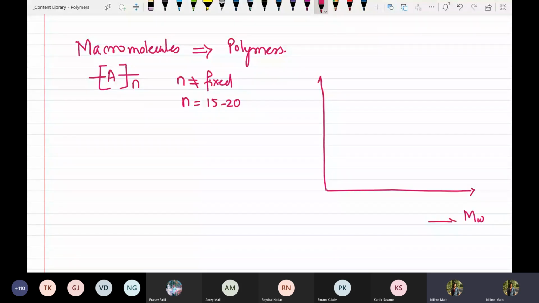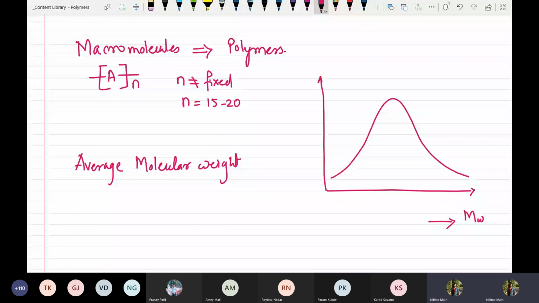but it will be a distribution. It will always be a distribution. As it is a distribution, you cannot have one single value, but instead it is much more appropriate to talk about the average. There is no fixed number, so we talk about average molecular weight. Now everybody knows what it is, let me just finish this graph.